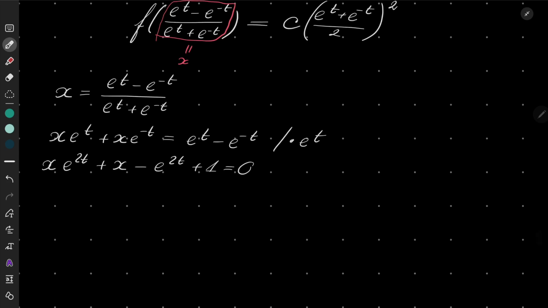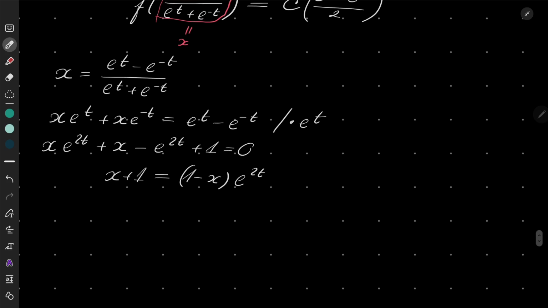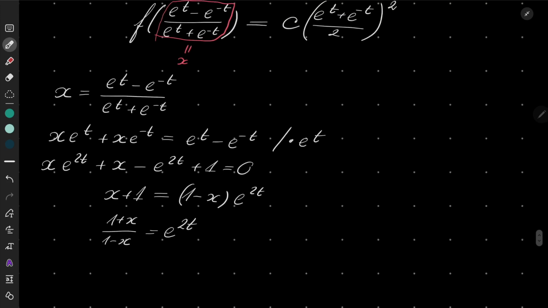And now, you know what, I will leave x plus 1 on the left hand side, and I will put everything else on the right hand side. So I have 1 minus x times e to the power of 2t. So 1 plus x over 1 minus x equals e to the power of 2t. Very well.